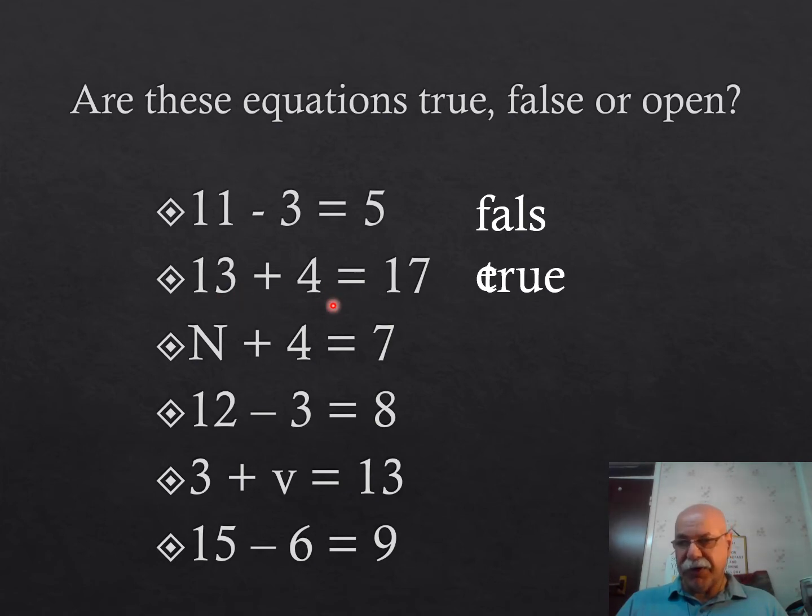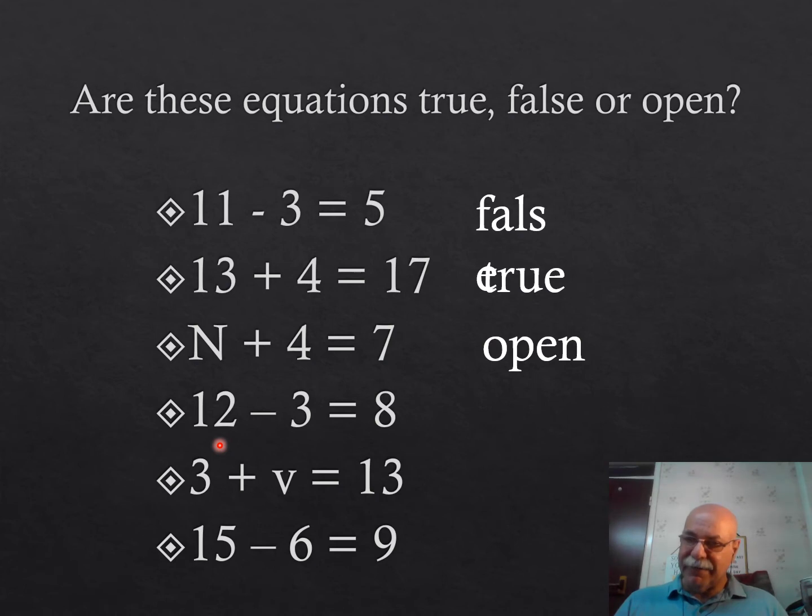This is a truth equation. Here we have a letter, the amount is unknown, so what is this when we see it in the equation? This is an open equation, because we have a letter and we do not know the number.